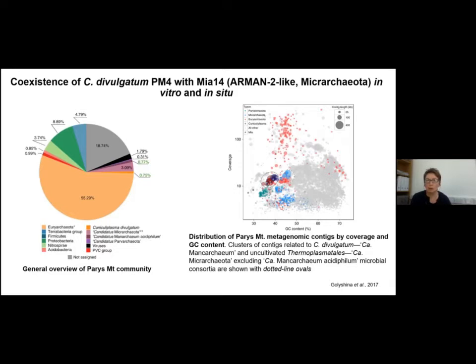And you can see on this picture on the right side that we found some clusters of contigs in metagenomic data related to the presence of Cuniculiplasma and a certain type of Micrarchaea, and we have also found clustering for some other group of Thermoplasmatales with other Micrarchaea in metagenomic data.